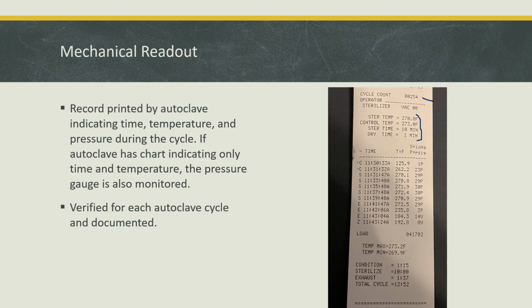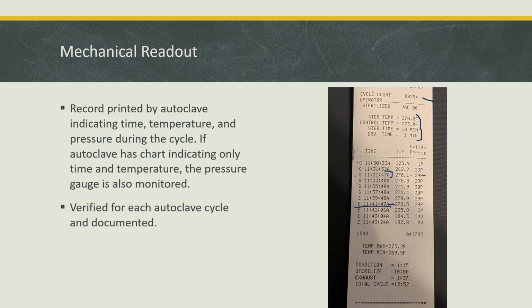And at the point that it goes above 270 degrees, you can see it's above 27 psi. That's when it starts sterilizing. So at 11:31:47, it started the sterilization, and then it continued to sterilize down to this point where it exhausts.